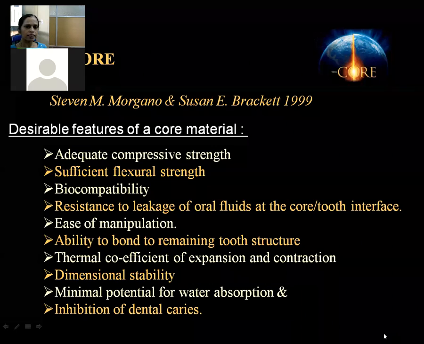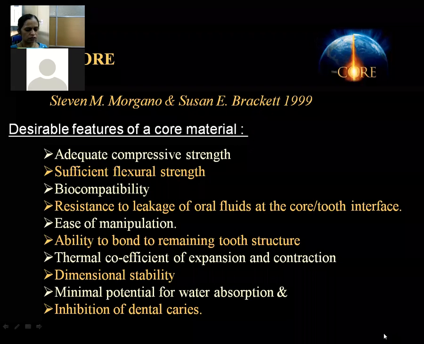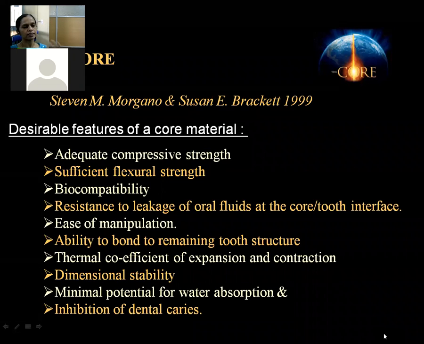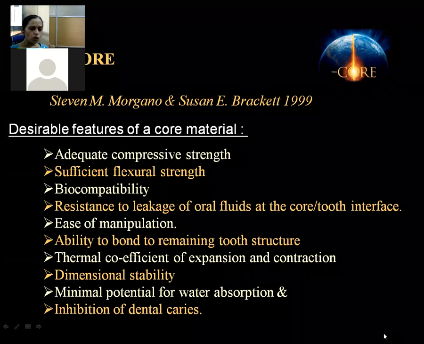If it is in an aesthetic area, it should have good aesthetic properties. It should be tooth colored. Then all of you know that you should get a proper manipulation time or working time. Second thing, it should have less water absorption.